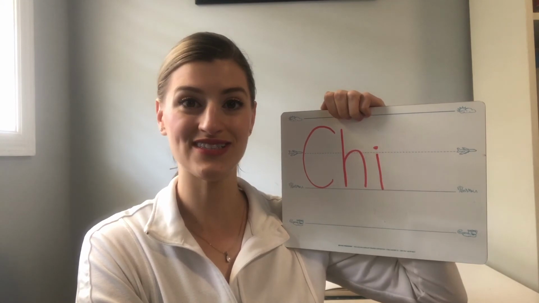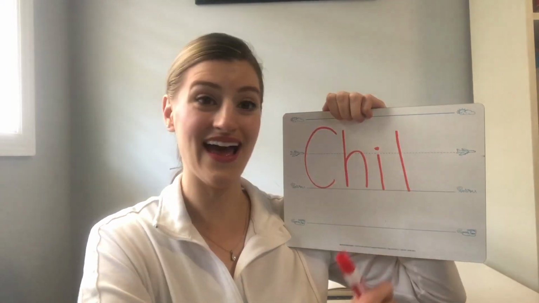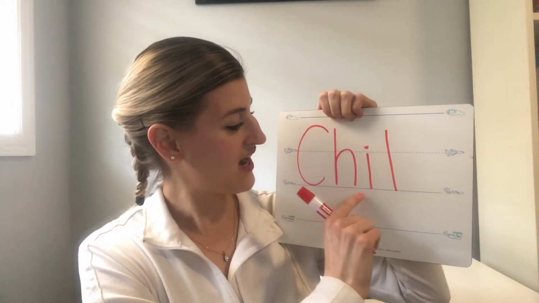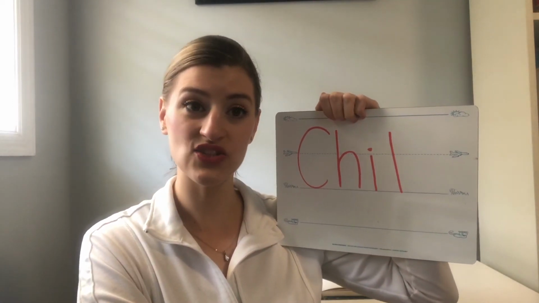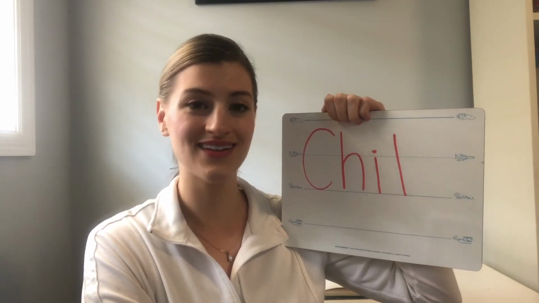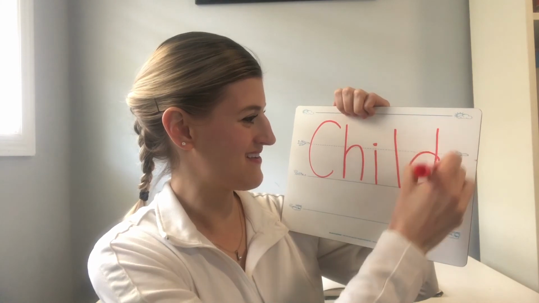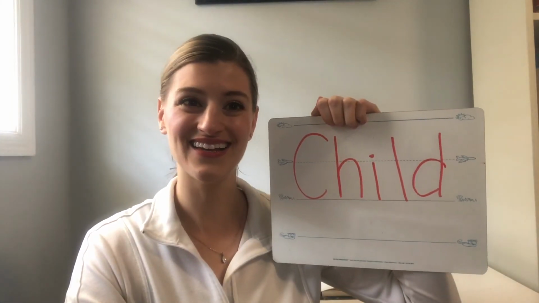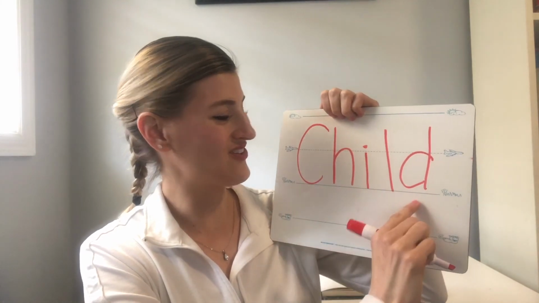Which letter sounds like L? That would be the letter L. Ch-I-L-D. Which letter does the word child end with? That would be the letter D. Child.